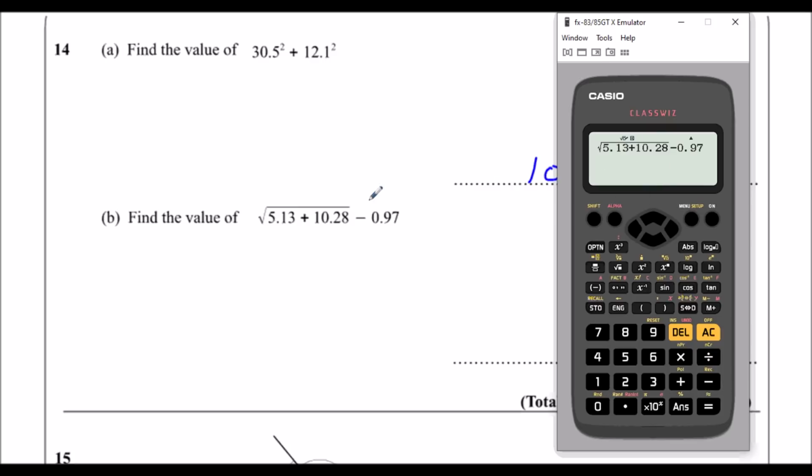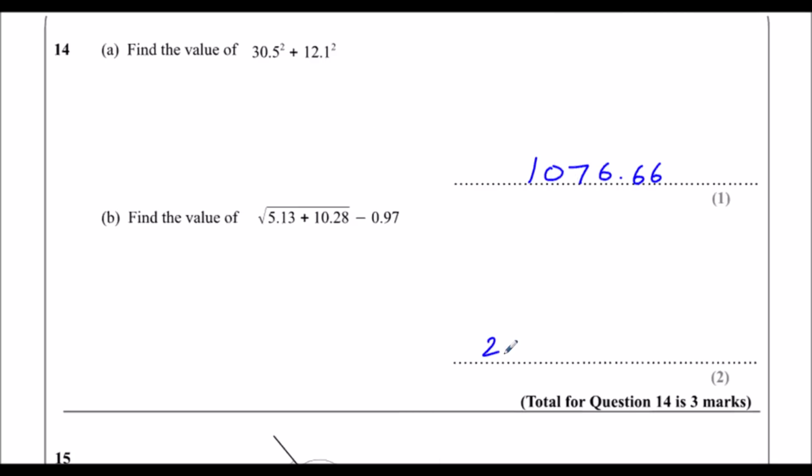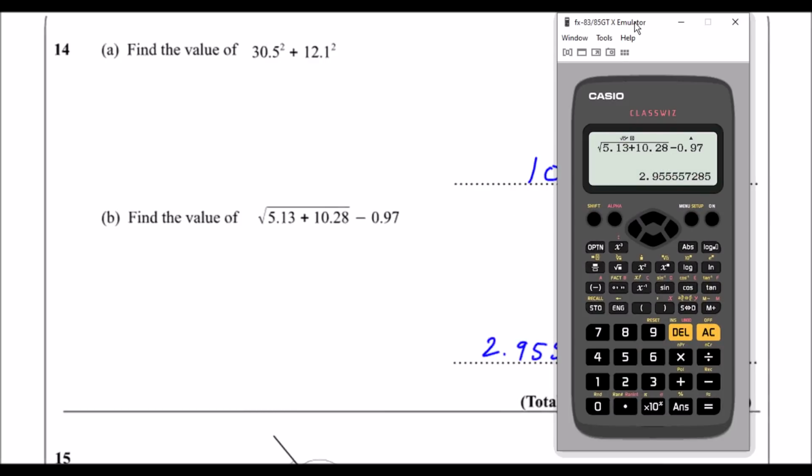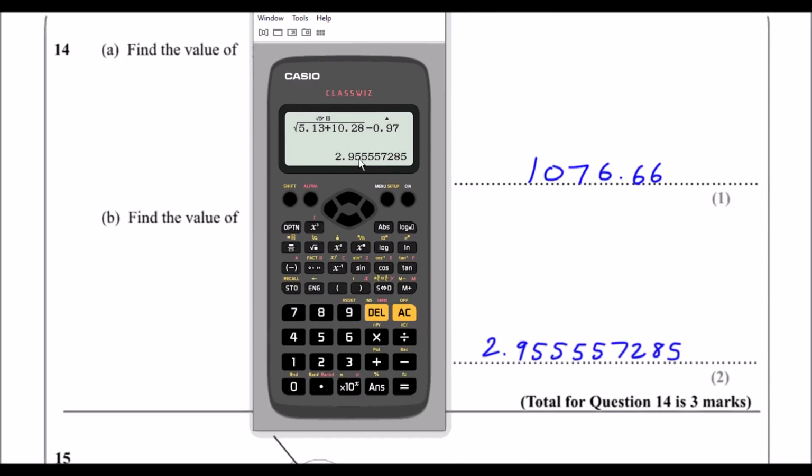So that's exactly how it looks. Press equals, and we've got 2.955557285. So just check I've put the right number down. 2.955557285.